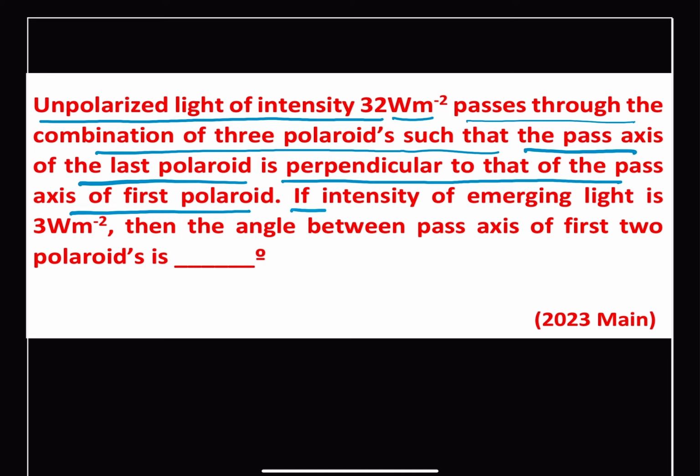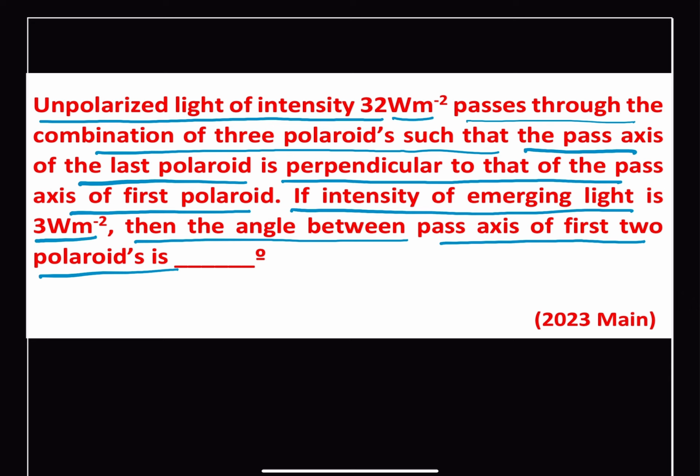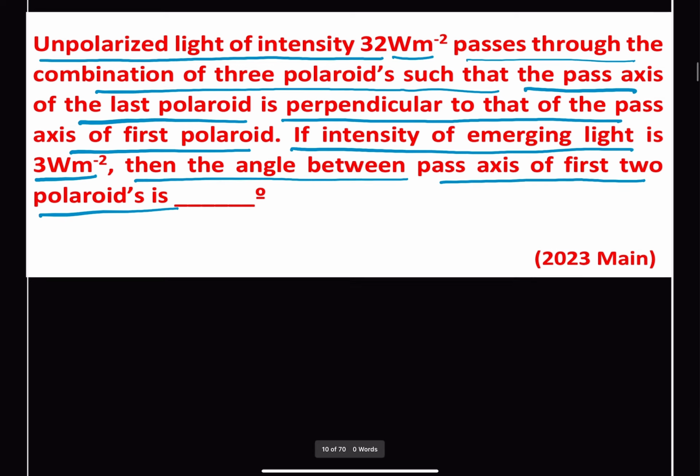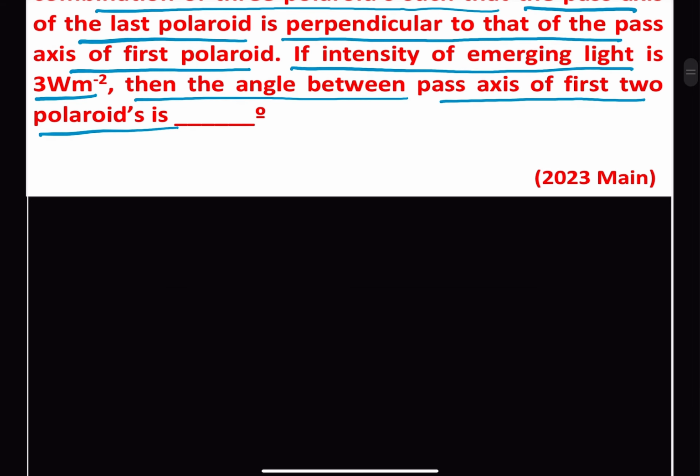If the intensity of emerging light is 3 watt per meter square, then the angle between the pass axis of the first two polaroids is? So there are 3 polaroids in total, and the last is perpendicular to the first. Let us draw the approximate diagram.